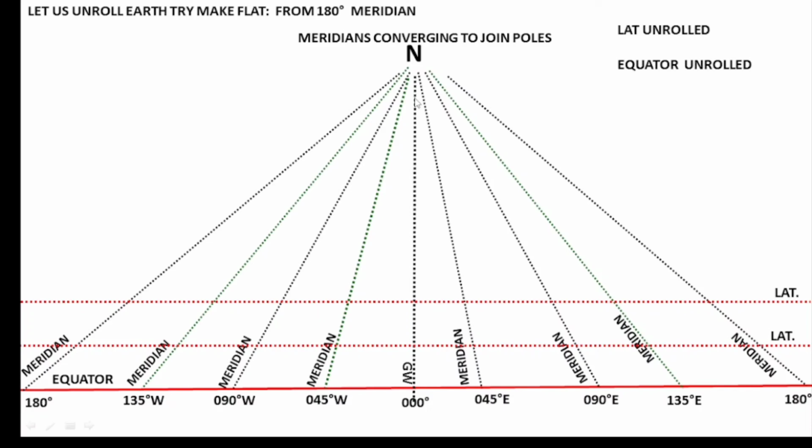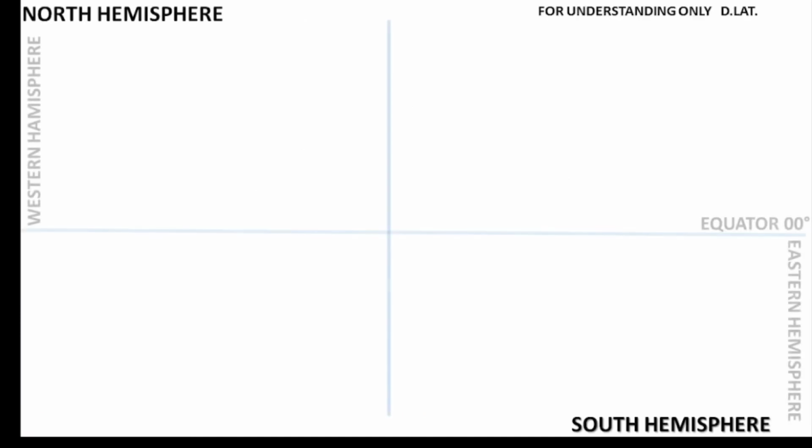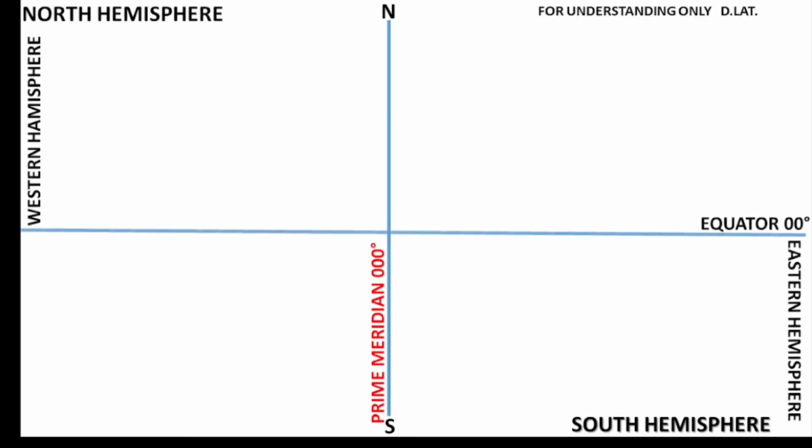And when you have unrolled it, latitudes will appear as straight lines to you, and your equator will be a perfect straight line. Which, as I said, we'll be discussing in a little bit more detail when we talk about Mercator sailing. But for now, just to understand what is D lat and D long, as I said last time, let us make them straight.